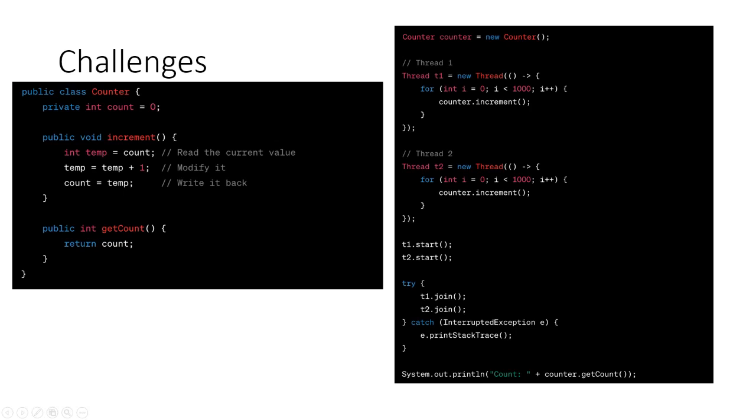And if I had to pick a main point of this chapter, if you guys can take away one thing from this chapter, one thing from this video, it's that there's potential for data corruption when you have threads operating on the same object, in this case, counter. So what do I mean by that?